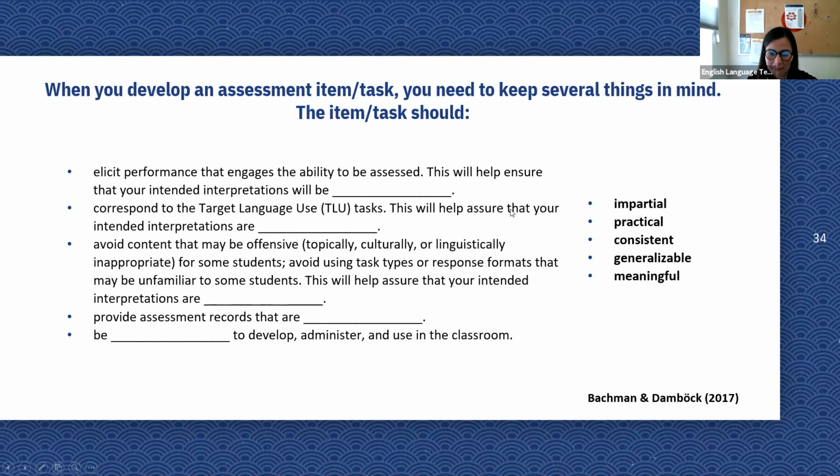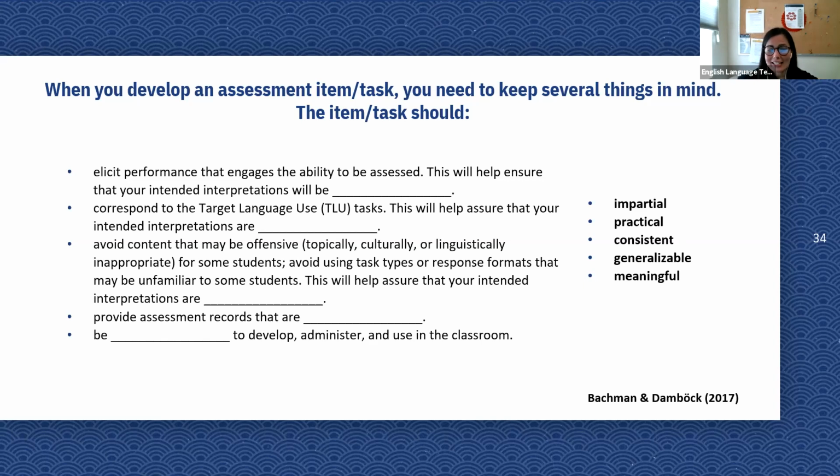It will provide meaning. If you correspond to the target language use tasks, it will help assure that your intended interpretations are generalizable. Yes, we got the answer here on the chat.